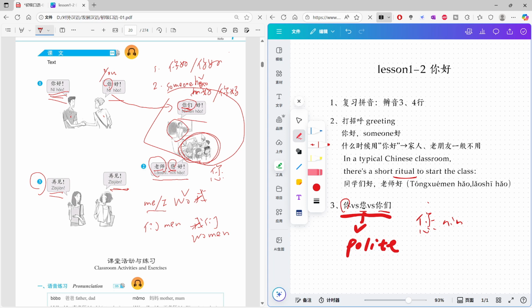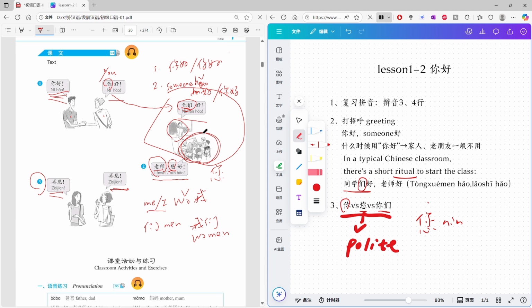Yeah, 同学们好. 同学 is classmates, yeah, 同学们, remember 们 is for lots of people, more than one person. 同学们好. So 同学 classmates, students, usually not only one person, right? So 同学们好. And the monitor will say stand up, and all the students will stand up and we say 老师好, yeah, 老师好.